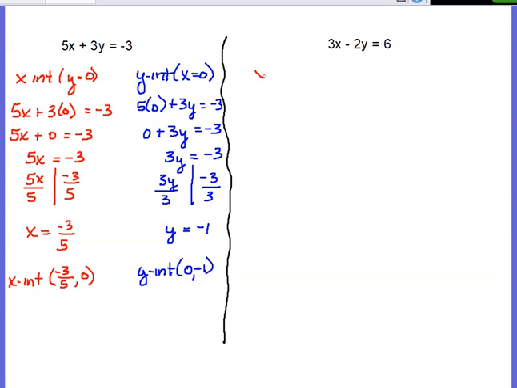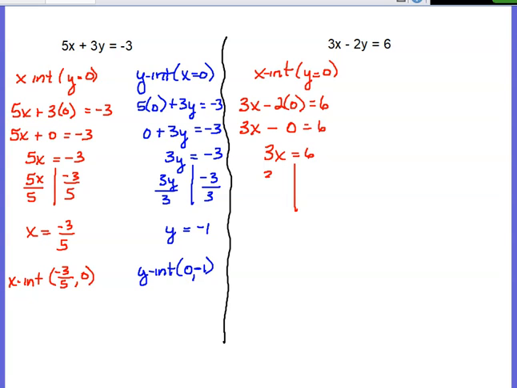Okay, last one. X-intercept, my y is equal to 0. So 3x minus 2 times 0 equals 6. Okay, so that's 3x minus 0 equals 6, which simplifies to 3x equals 6.